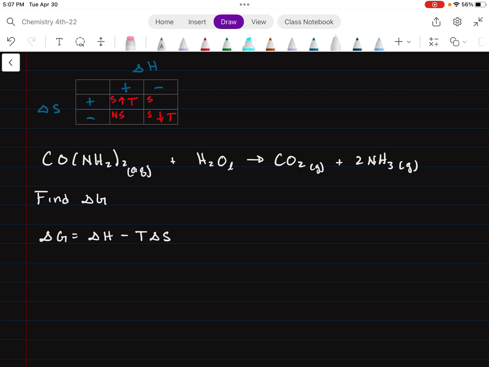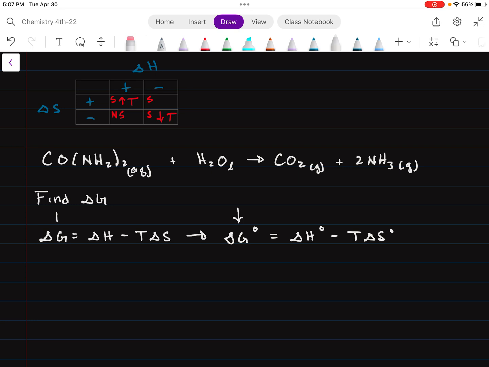Just like before, we're going to rewrite this to find the standard free energy using standard heats of formation and standard entropy. So delta G at standard temperature and pressure is equal to standard enthalpy minus temperature times the change in standard entropy. So that's going to be the formula that we use. All right, now we're looking for delta G, which is this one right here.